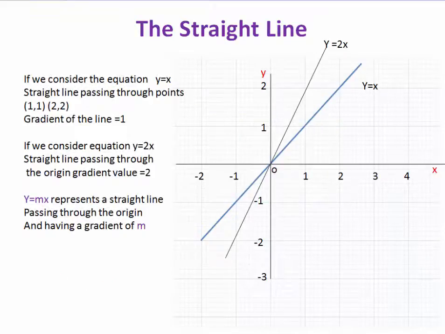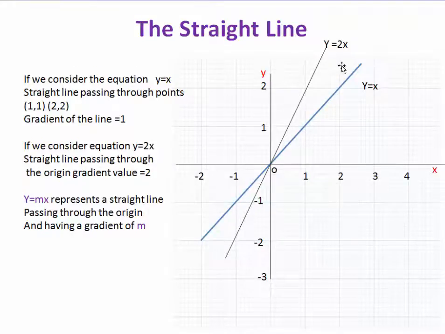If we consider the equation y equals x, this is a straight line passing through the origin, which is this point here, 0. And the gradient of the line is 1. If we consider this, y equals 2x, this line here, then the gradient of that line is 2.